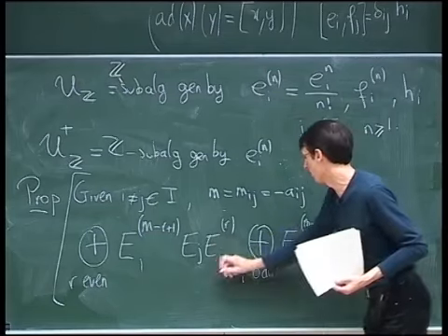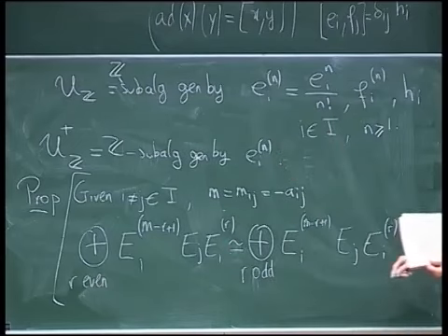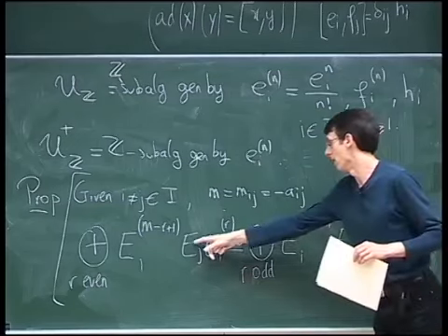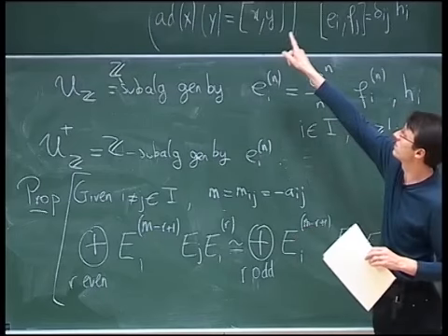And the two objects are isomorphic, and there is a canonical map realizing this isomorphism. And this relation is really the relation, this Serre relation there.